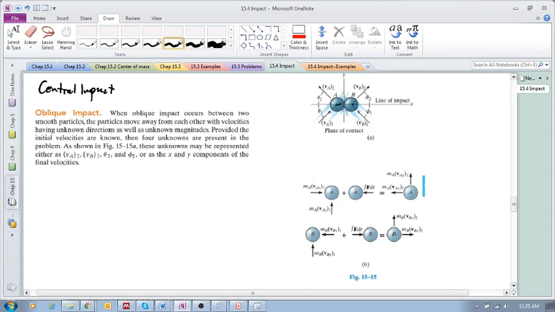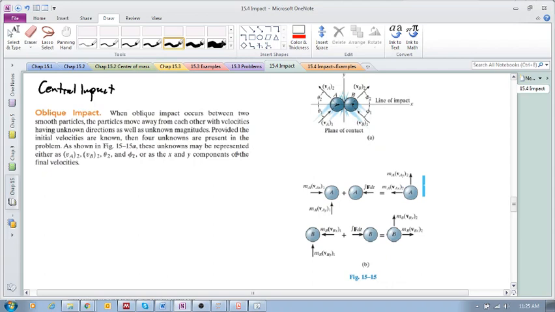However, if particle A's velocity is not along the line of impact, and/or particle B is moving at an angle to the line of impact, then that is called oblique impact. The velocities of the centers of mass are not along the line of impact. So that is the first basic description of oblique impact.